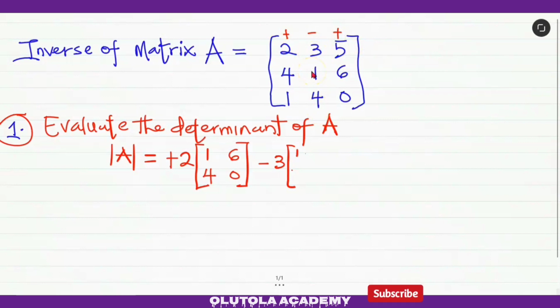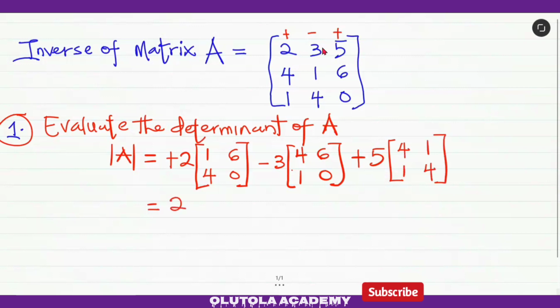So that will be 4, 6, 1, 0. So then I go again. That will be plus 5. Then I close up the row, which means I'm not taking anything here. That will be 4, 1, 1, 4.